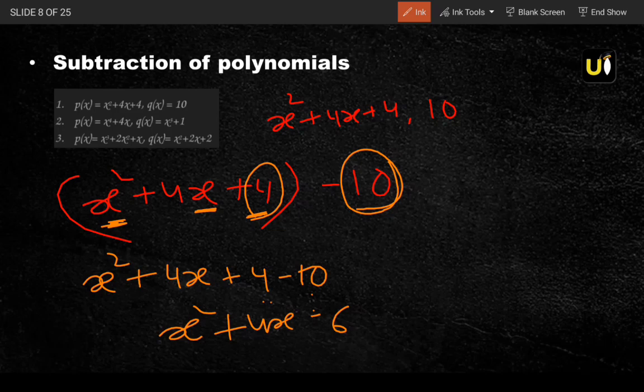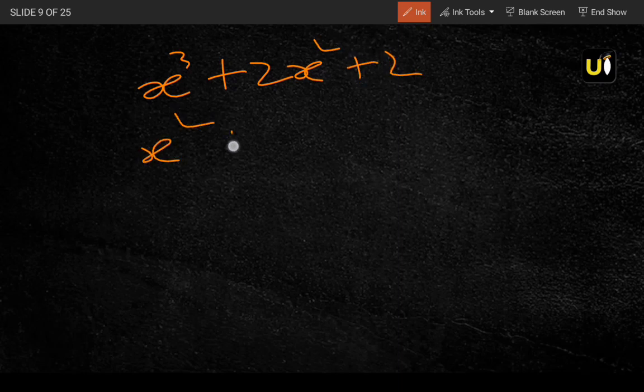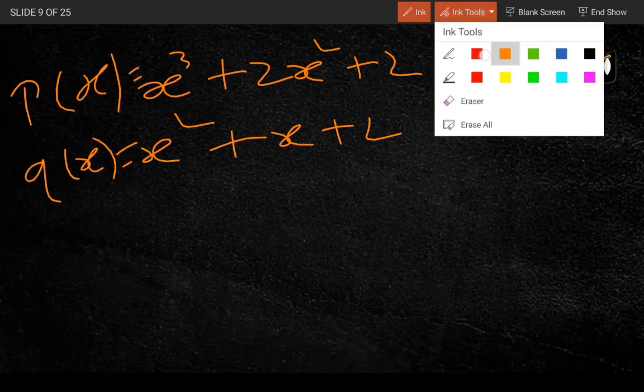So now let's see this example also. x power 4, x cube plus 2x square plus 2x square plus x plus 2. This is p of x and this is q of x. So now if we subtract these two, same.